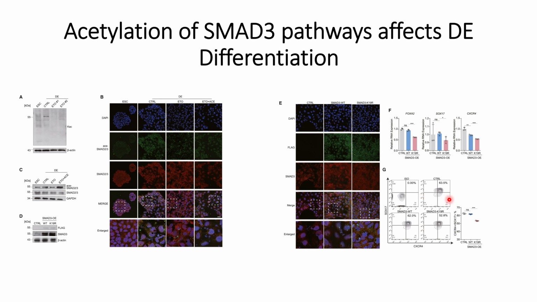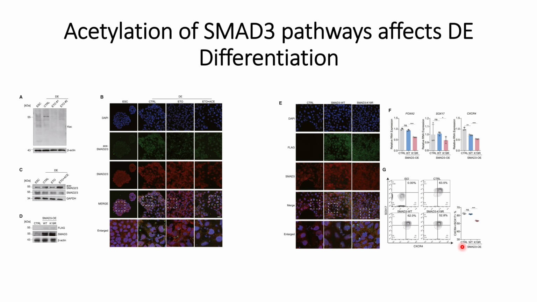And these things are quantified in the panel on the right side of panel G, where we can see that there is a significant difference between the gene markers of the definitive endoderm expressed in the mutant and the wild type.